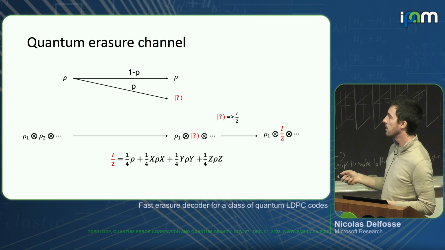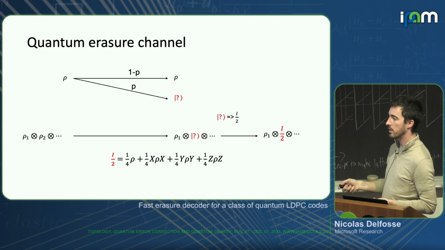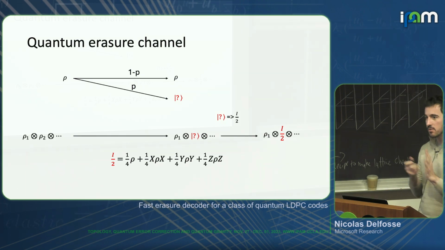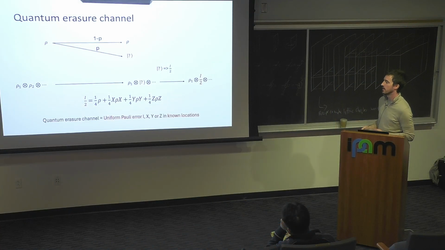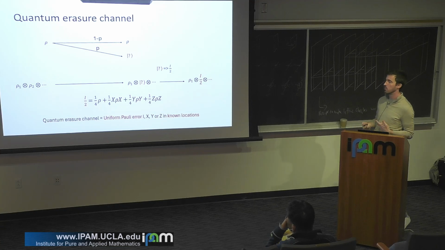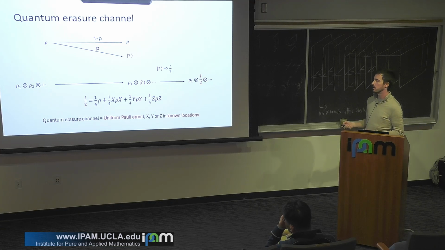So it's basically a random bit flip. It's a Pauli error, identity, X, Y, or Z, each with a probability a quarter. It's basically the same noise as classically. So we have the same thing. Our quantum erasure channel is basically a simplified depolarizing channel, simplified Pauli noise, where you know the locations of errors.